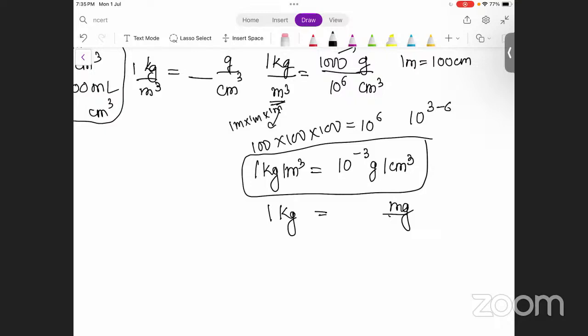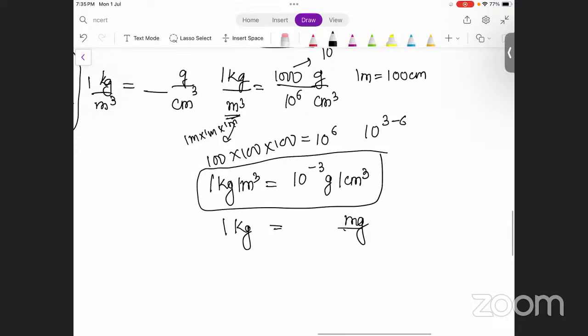If I want to go from kg to mg, then 1 kg will be equal to how many milligrams? Deepika will be answering this question for us, and then we will quickly move on.